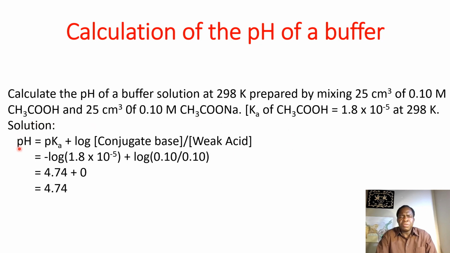When you apply the formula with the pKa, the Ka is already given to you. The acid ionization constant Ka is 1.8 times 10 to the power minus 5. So pKa should be what? pKa is minus log base 10 of Ka, not 10 to the power of minus Ka.